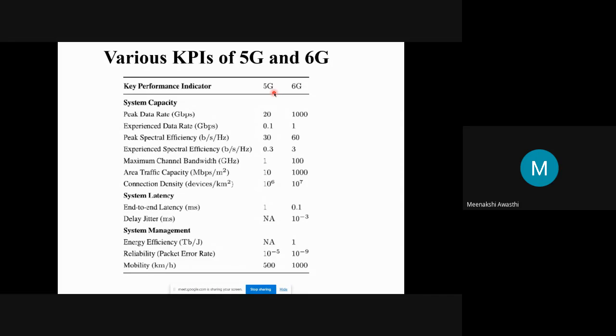Some parts of India have it already, but it is not covered in the whole of India. You can see there is a huge difference between the KPIs of 5G and 6G.